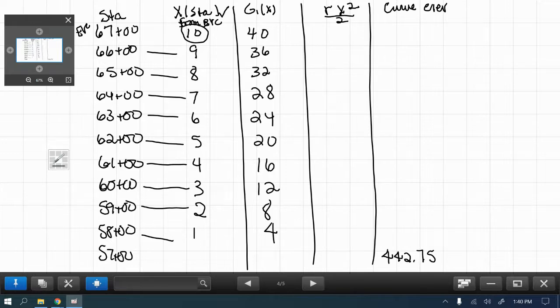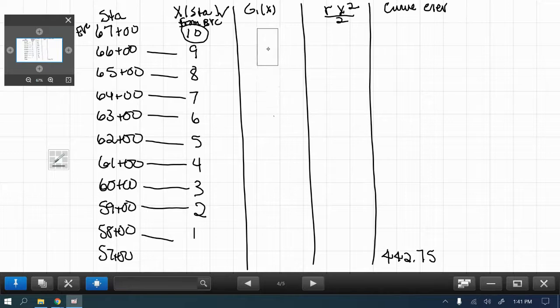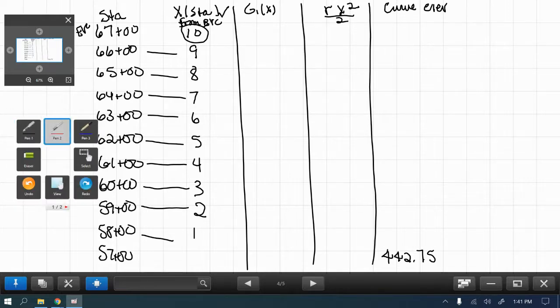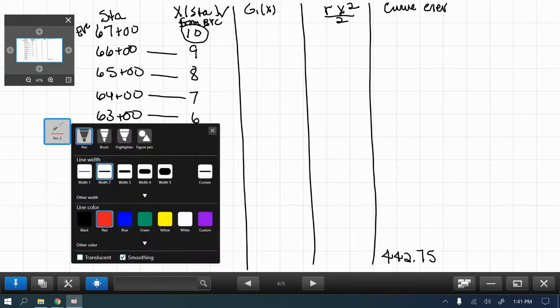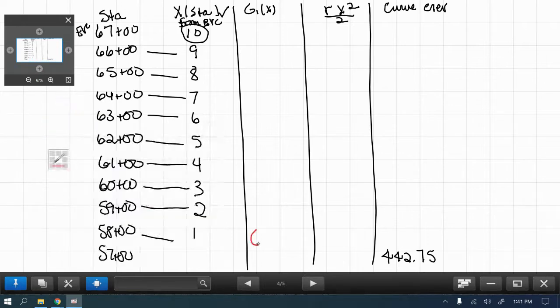Okay. I'm going to put these in a different color. This is a real simple one, but it's still getting the point across. So this is G1 times X. So G1 is 4 times 1, so this is 4.